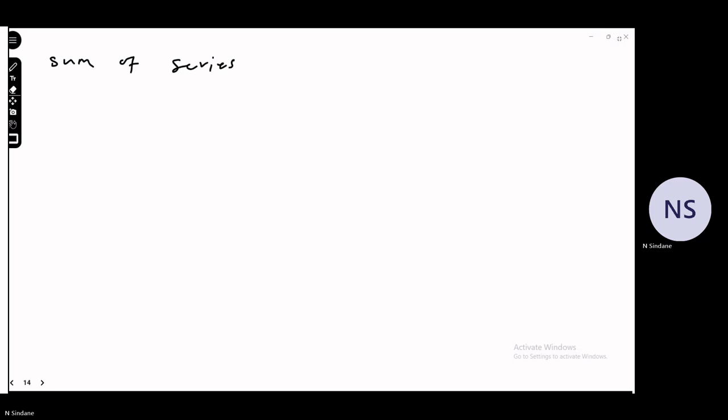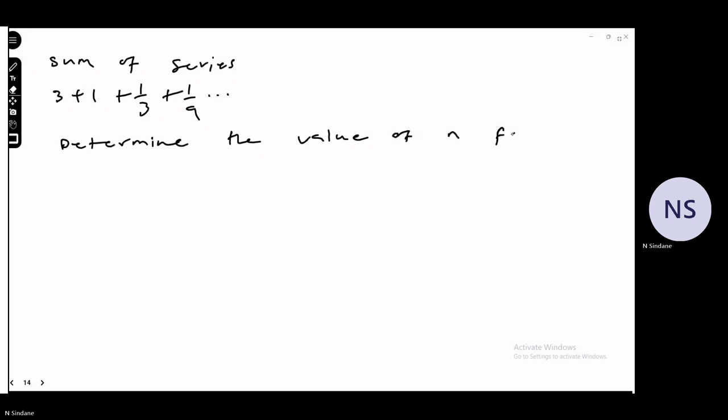So let's do this question, which is 3 plus 1 plus 1 over 3 plus 1 over 9, and so on. Determine the value of n for which the sum of the first n terms is 1 to 1 over 27.